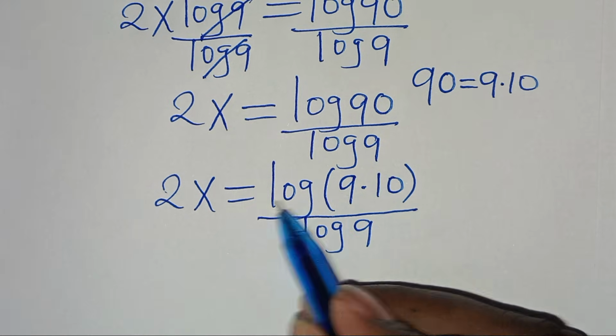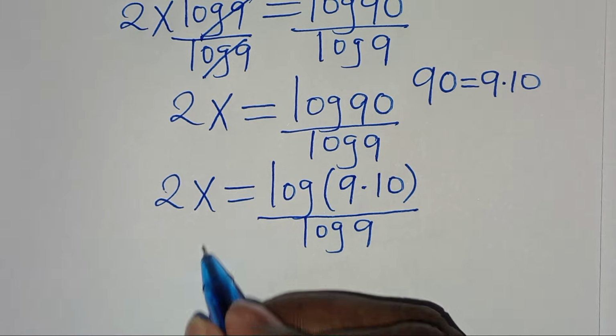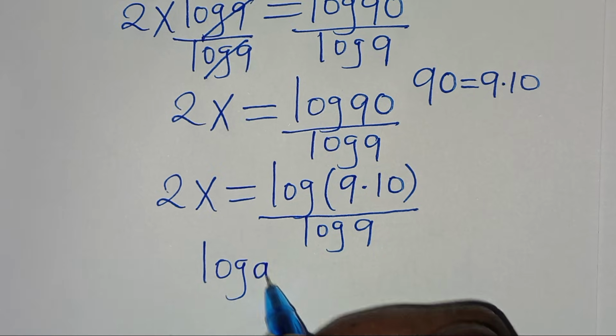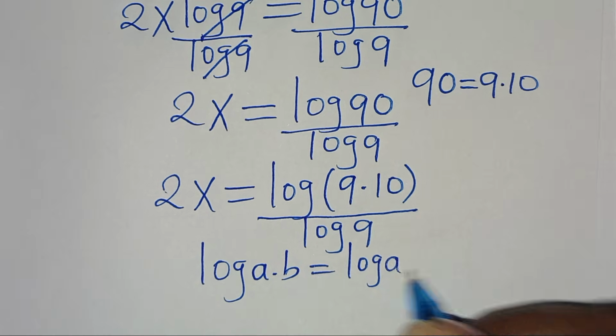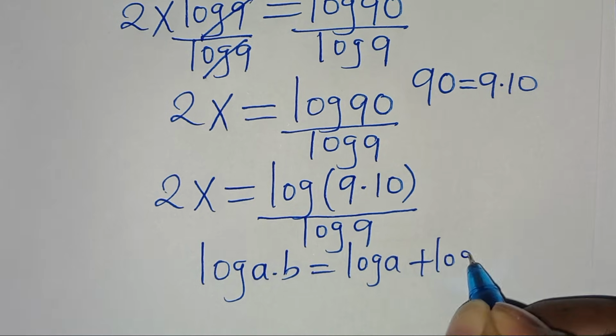The next step is that log 9 times 10 is in the form of log a multiplied by b, which can be expressed as log a plus log b.